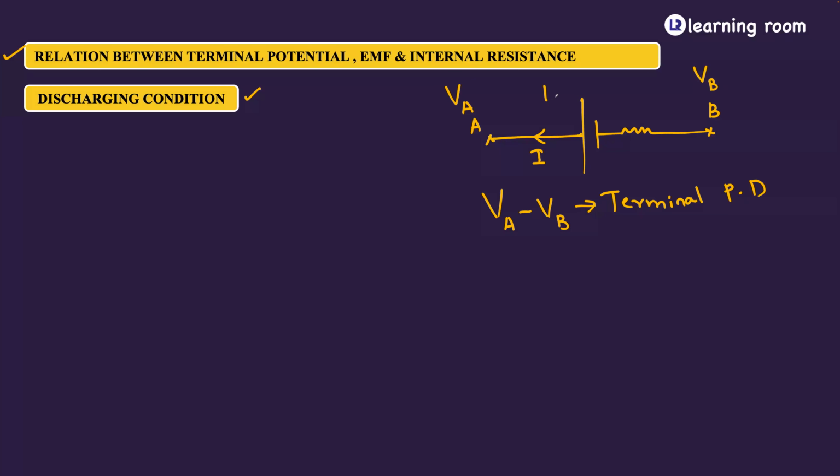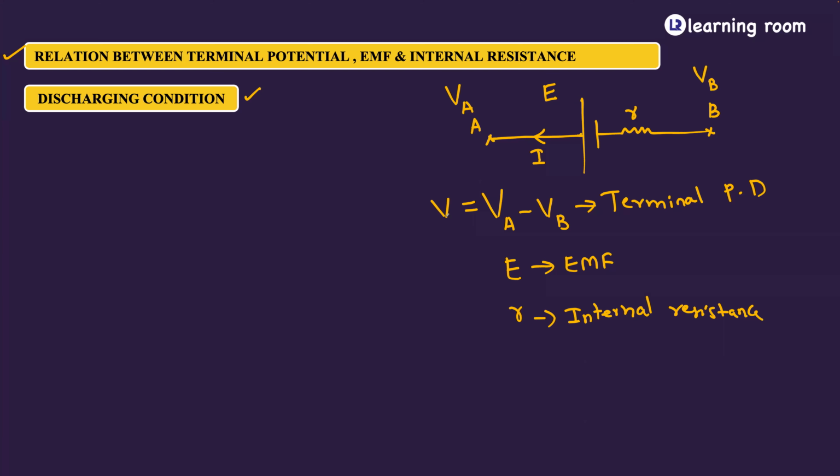If I take the EMF of the cell to be E, and R is the internal resistance, I'll take this VA minus VB as V itself. My job is to find the relation between V, E, and R.